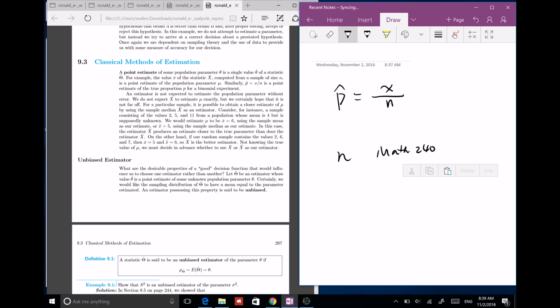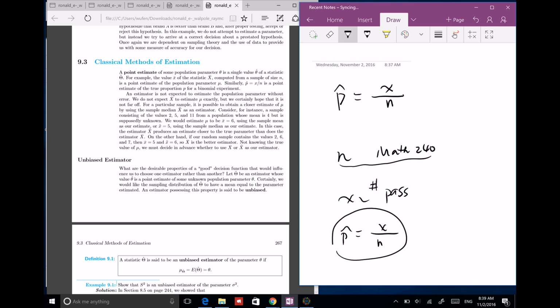We just look at a small sample, Math 240 students, and x represents the number of students who pass this class. Then the proportion is the passing ratio. So x over n is the estimated proportion from a sample.